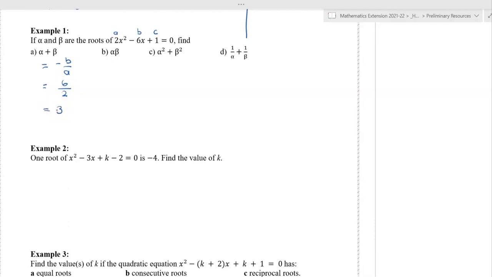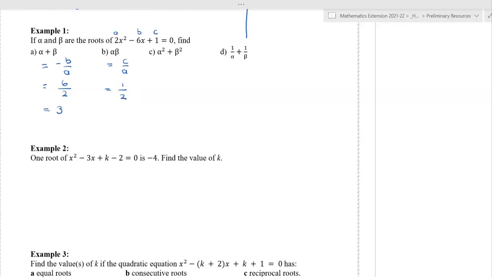So without factorising it, finding the roots and adding them up, I can get the sum of the roots just by using the negative b on a. I can get the product of the roots by using c on a, which in this case will be 1 on 2. And they're your standard types.